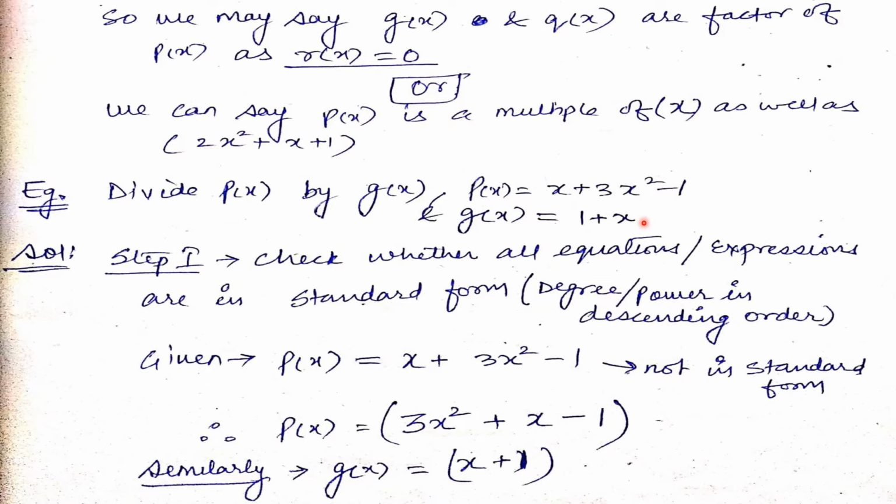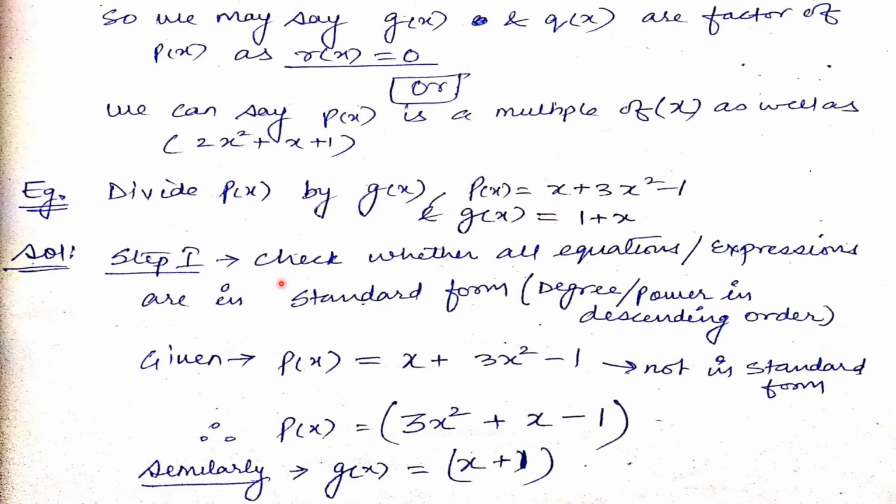Now you will think, what is standard form? Standard form is nothing else but writing the polynomial in decreasing power. That is, first 3x^2 should come, then x should come, and then 1 should come. In this case also, first x should come and then 1 should come.